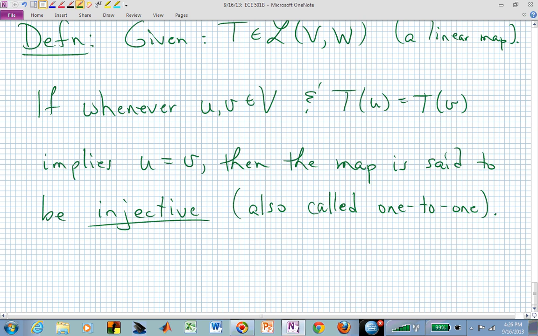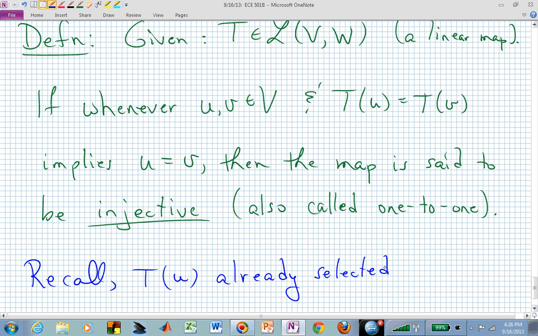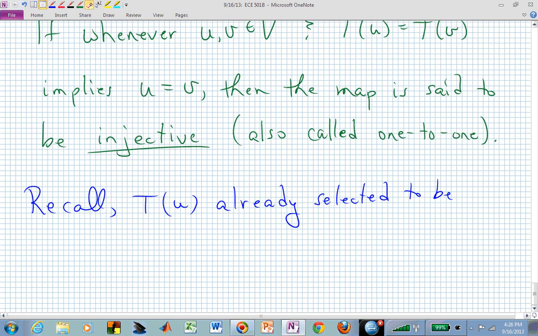So that's what we mean by a map being injective. And what we want to remind ourselves of is that with this linear map, T of U already selected a unique element in W, in the codomain.